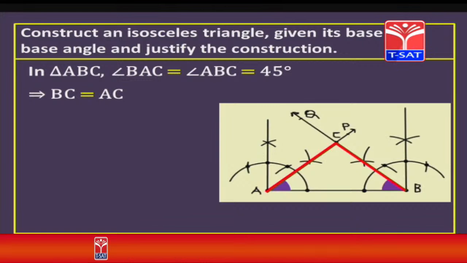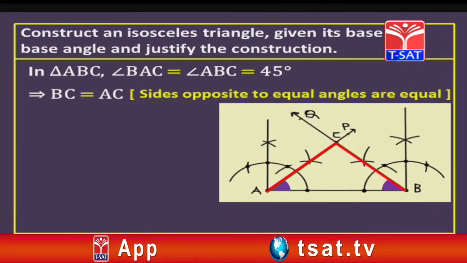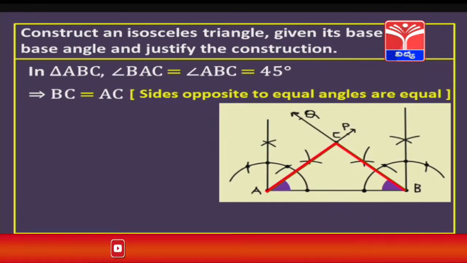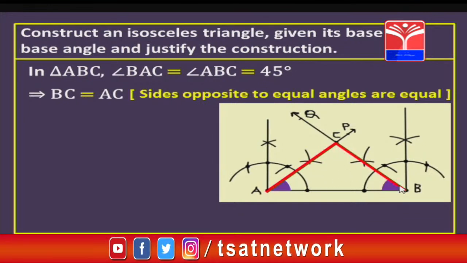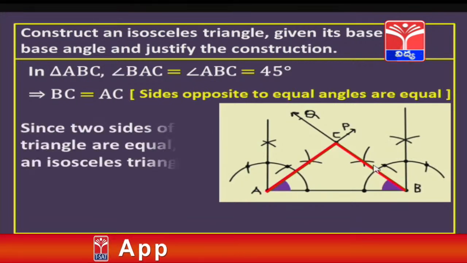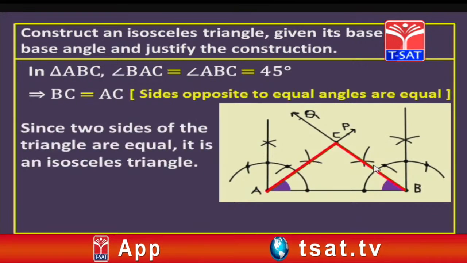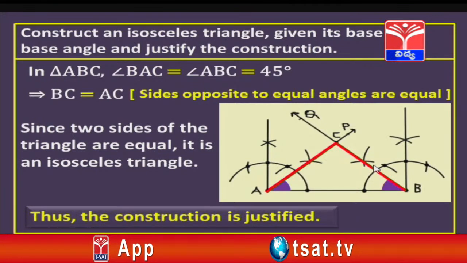We have learnt one of the properties of a triangle which states that the sides opposite to equal angles are equal. So, whatever the equal angles are, the sides which are opposite to them, that is this side is opposite to this angle and this side AC is opposite to this angle. So, these two sides are also equal. So, since two sides of a triangle are equal, it is an isosceles triangle. Hence, we have justified our construction also.